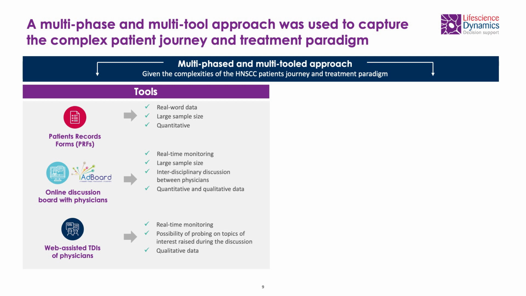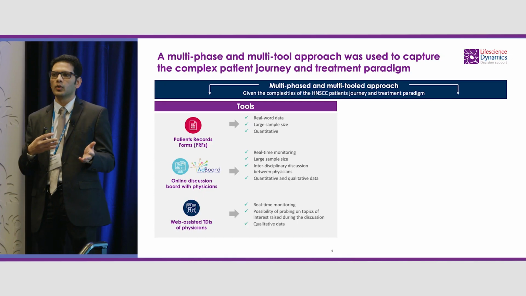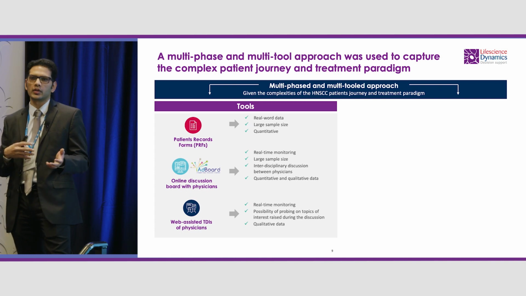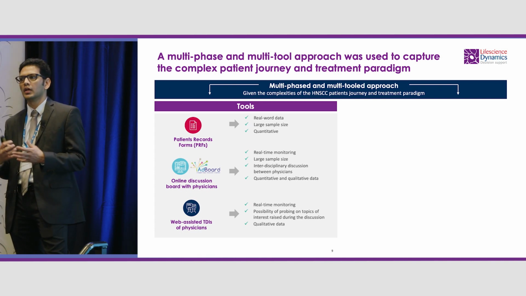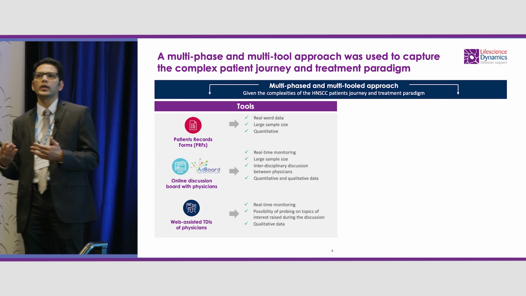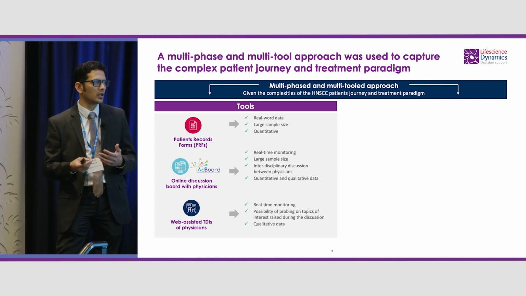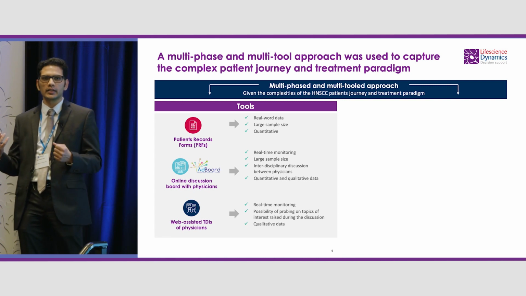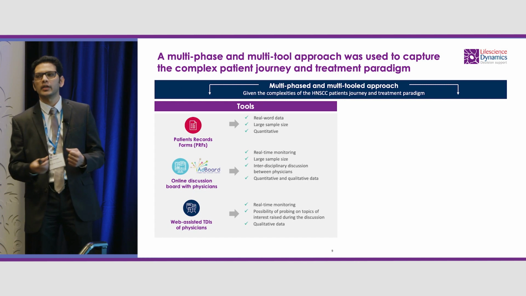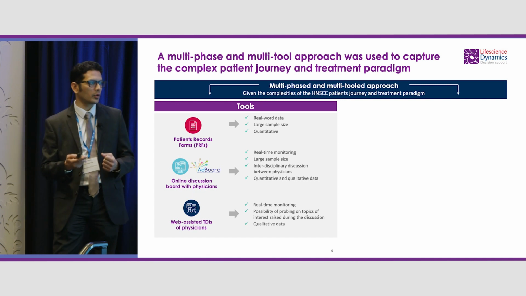Because head and neck cancer, for those of you who don't know, is treated with both chemo, radiotherapy, immunotherapy. So there's a lot of different options, and they're used at different stages in different ways by different physicians. So there was a lot of complex interplay of clinical decision making that had to be teased out.